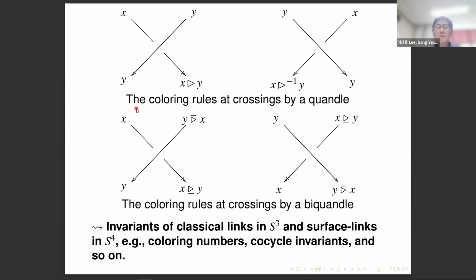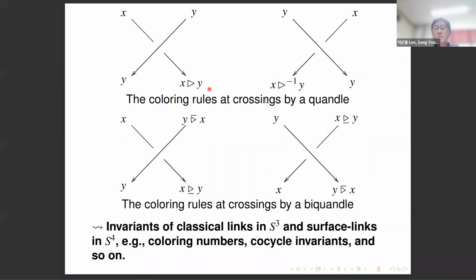As you know, given a classical link diagram, the coloring rule at the crossings by a quandle is like this, and the coloring rule at the crossings by a biquandle is like this. Then this coloring rule gives invariants of classical links in 3-space, for example coloring numbers, quandle cocycle invariants and so on.